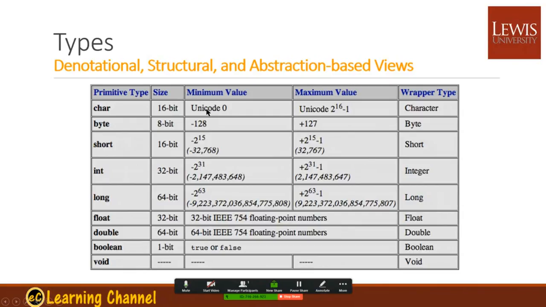So the primitive data types: you have the unsigned 16-bit integer for Java, that's the character type. And you have the 8-bit byte, the 16-bit short, and then integer, long, float, double, and boolean, and there's also another type called void. Something you need to know about Java is that these different data types are supported cross-platform, so it is platform independent.